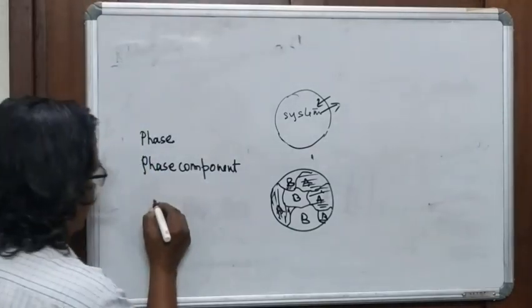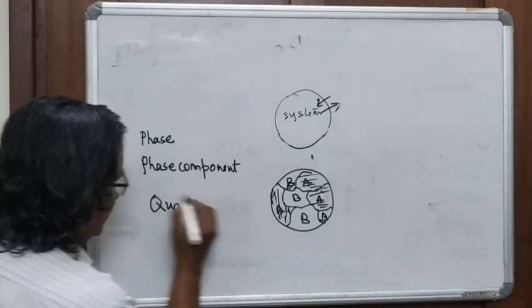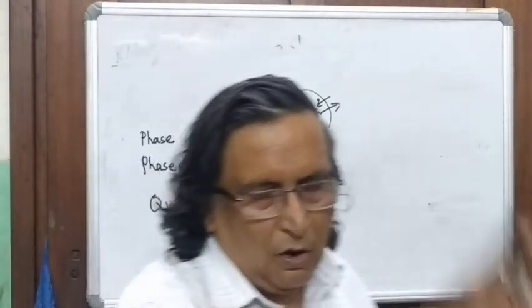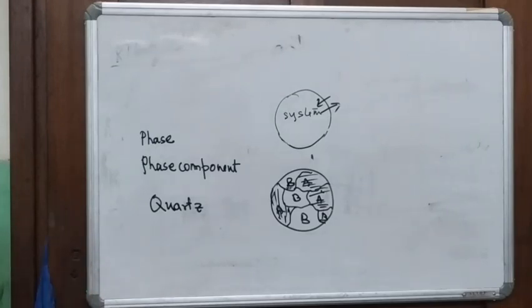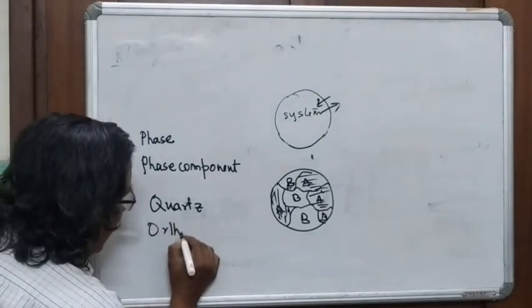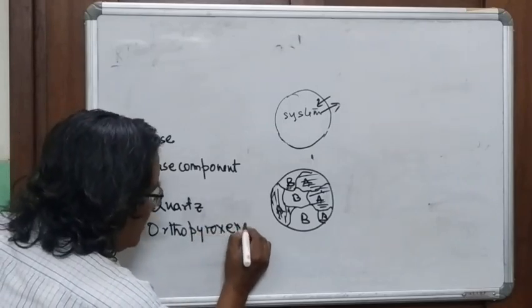So, for example, quartz is a thermodynamic phase in a rock. And say, for example, you have orthopyroxene. We talked about orthopyroxene, so it's a very odd assemblage anyway. It doesn't matter.